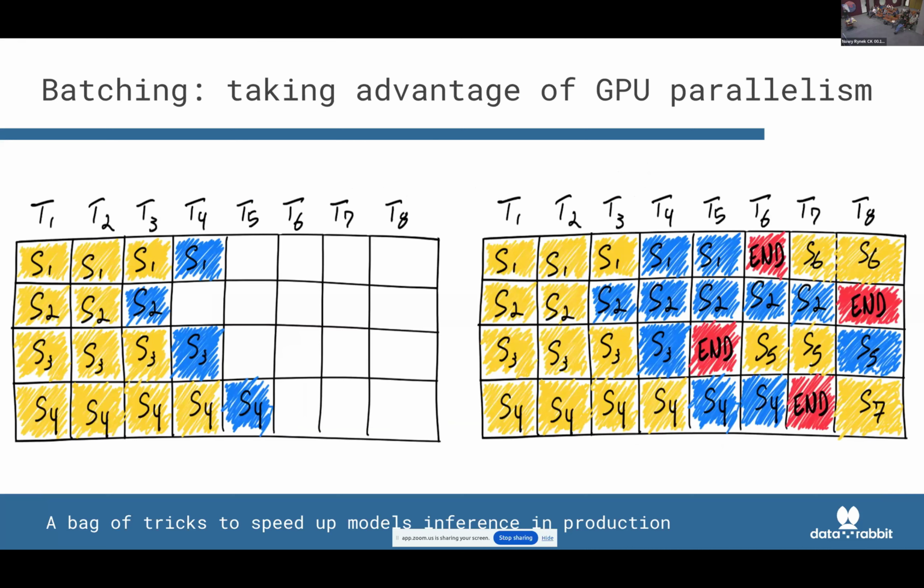Of course, the situation gets more complicated in the case of LLMs. I've added this one after the first presentation. Essentially, in LLMs, the problem is that the length of the sequence, the length of what you're generating, is not known, right? So batching becomes more complicated there, because one sequence can end at some point, the other can end sooner, or maybe later.